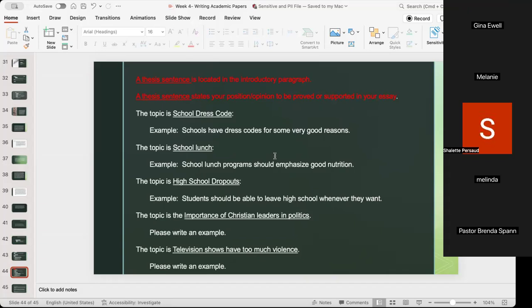And then my last sentence in that first paragraph says schools have dress codes for some very good specific reasons.